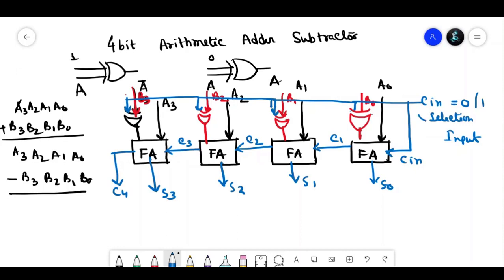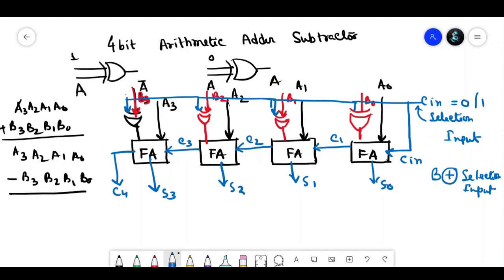So here if the selection input is 0, then the circuit performs the addition operation. And if the selection input is 1, then the circuit performs the subtraction operation. So the inputs to each XOR gate are one the C in, that is the selection input, and another is the B input. So here we write B XOR the selection input.